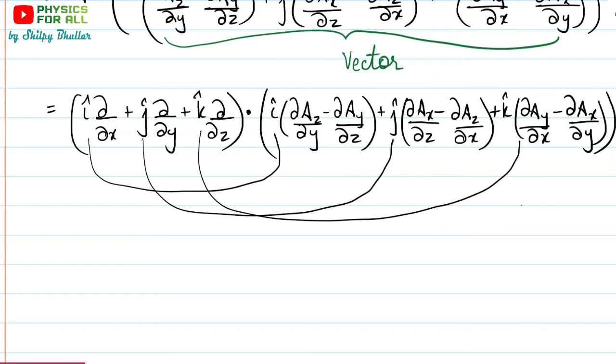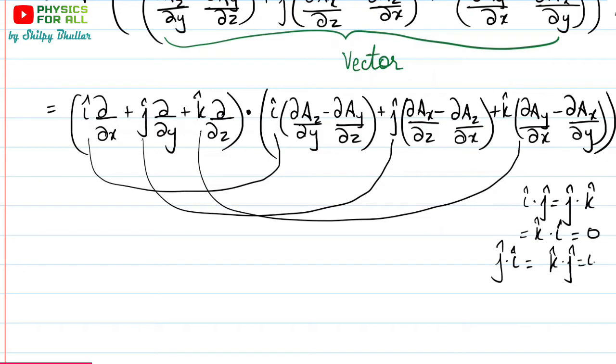Why? Because other than that, we have this thing equal to 0. And the other way also, if we write j dot i cap, or k cap dot j cap, or i cap dot k cap, then that is also equal to 0. This is what we know from our dot product rules.